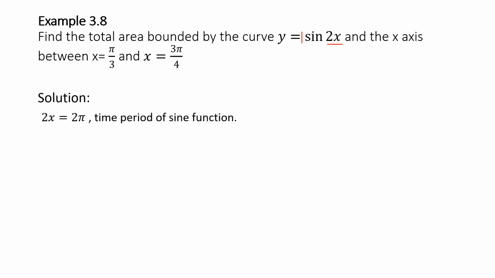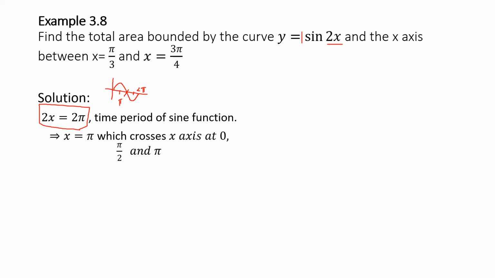So we will make them equal, 2x equal to 2 pi, because sine completes one cycle in 2 pi. Okay, this is pi and half of it is pi by 2 and this is 3 pi by 2. Okay, so period has come out.